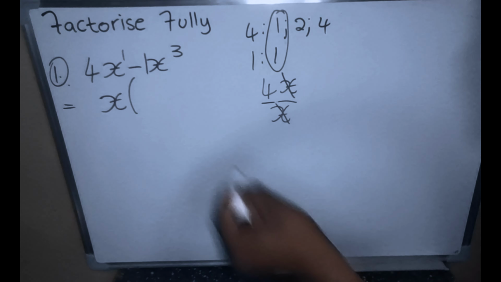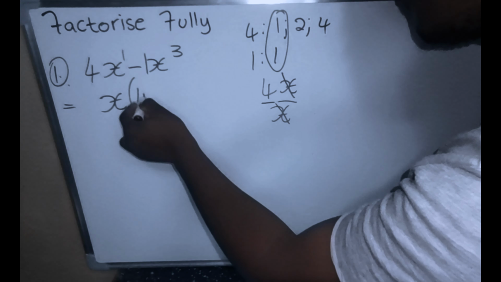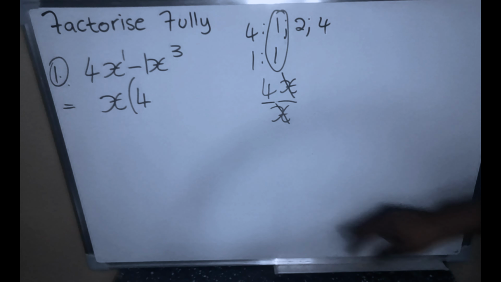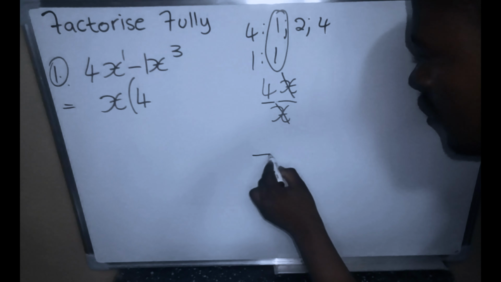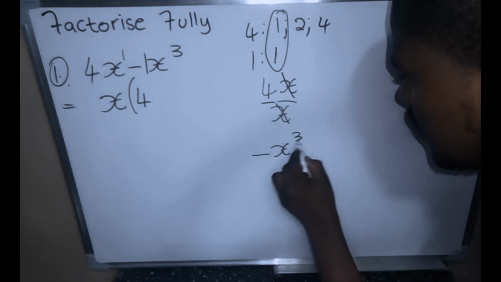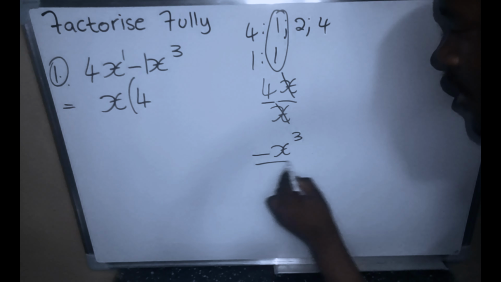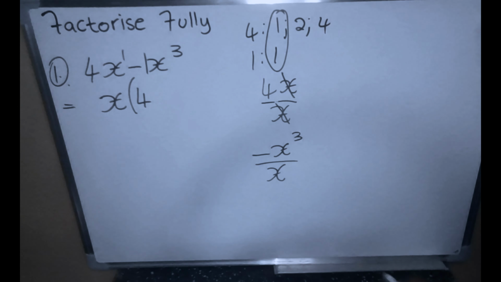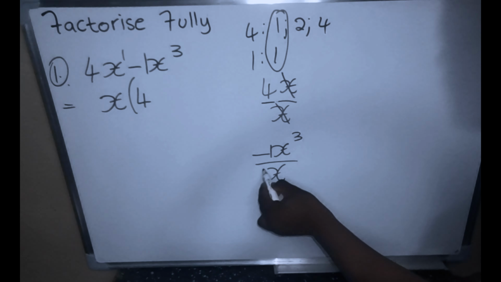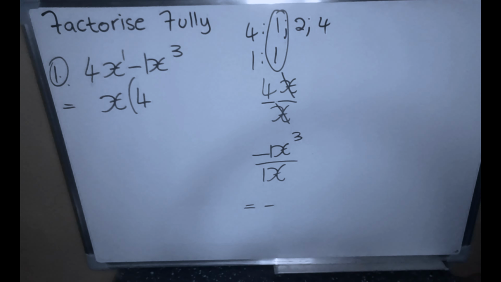That means I'm going to write 4 here. The very same thing I do on your second term, which is negative x to the power 3, divided by my common factor, which is x. Negative 1 divided by 1 is negative 1.